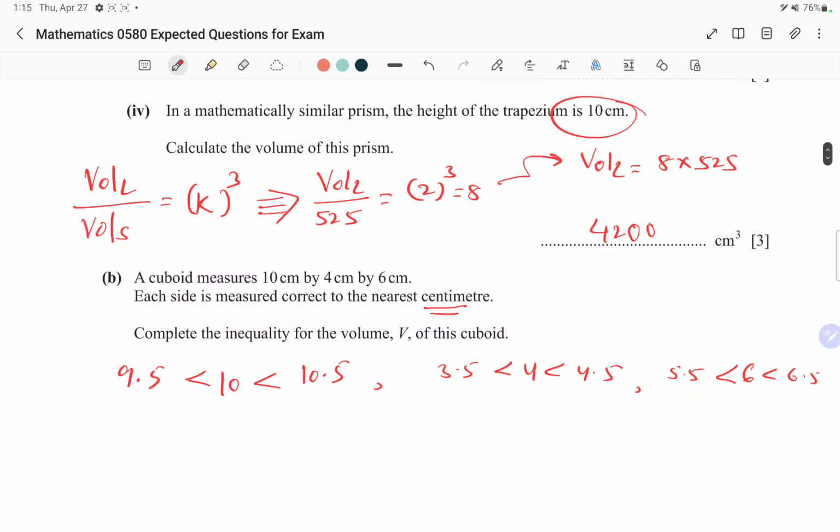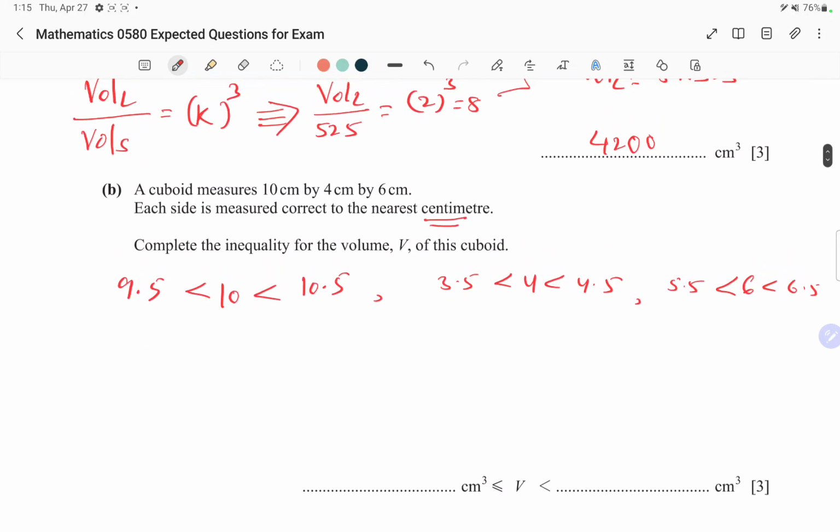Now complete the inequality for volume V for this cuboid. Okay, no problem. So volume is, we know, length times width times height.